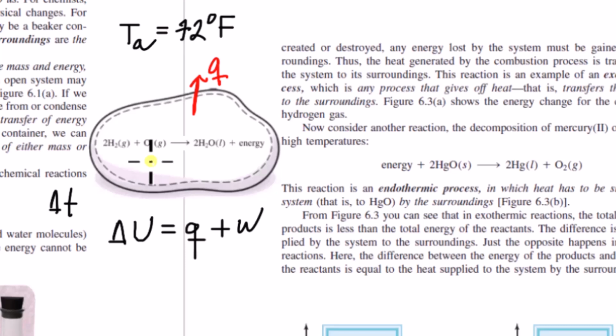And just to note, you might be wondering, how can we say that the thermal energy content hasn't changed going from reactants to products, strictly based on the temperatures of the two states being the same? Well, remember, we can strictly compare thermal energies with respect to temperature if the amounts are the same, if the total mass is the same.